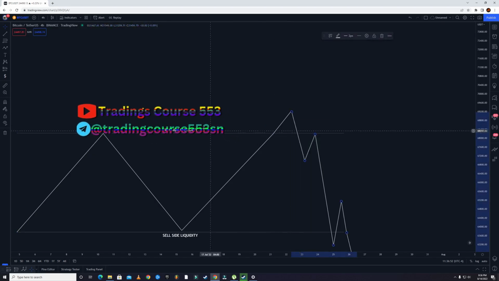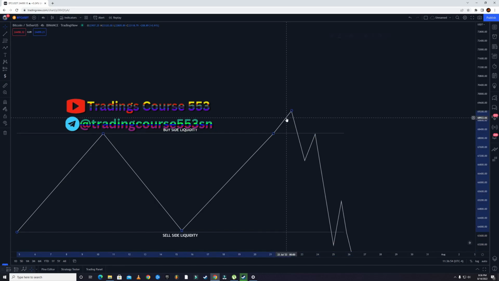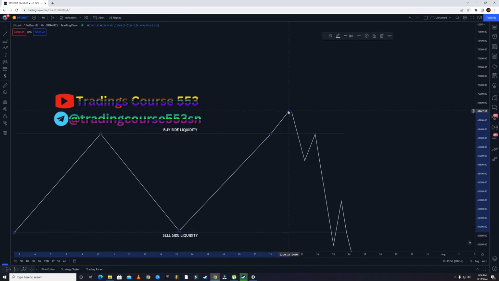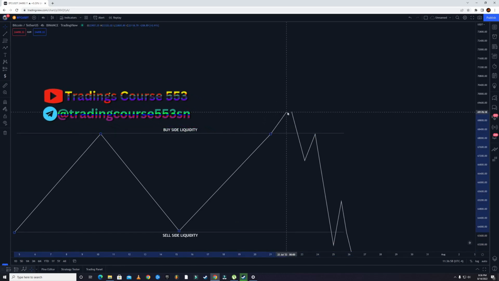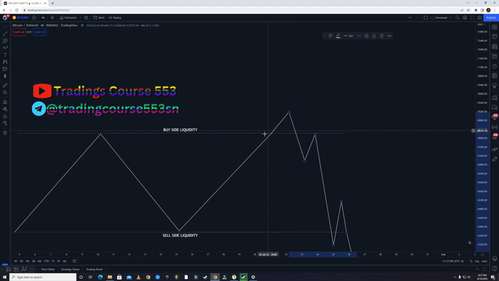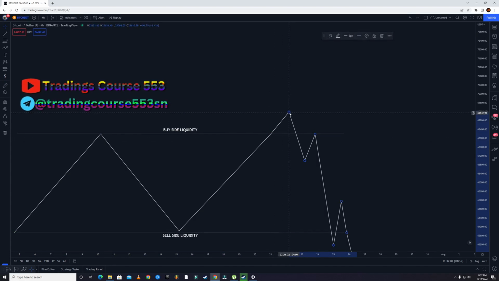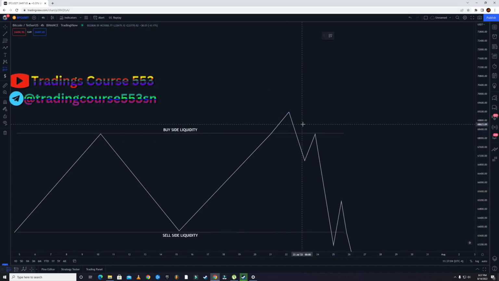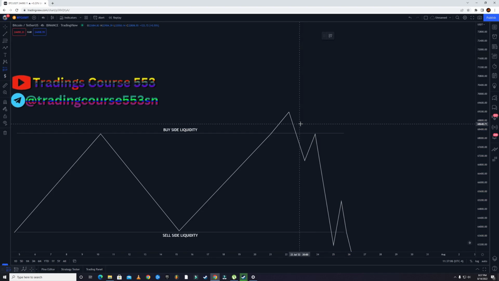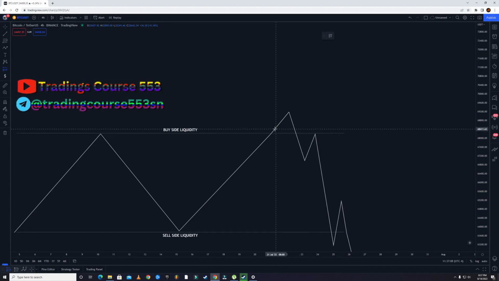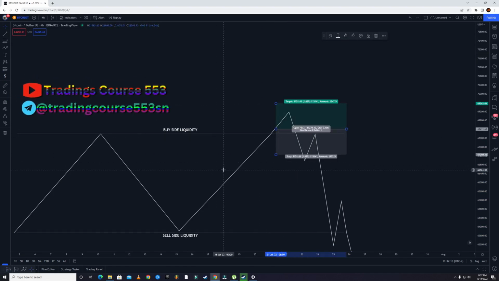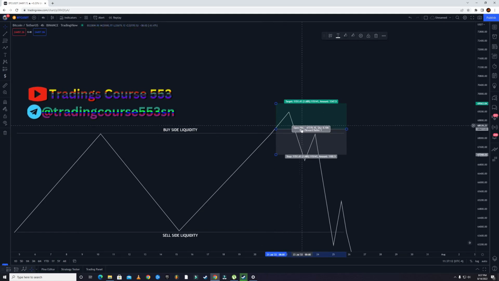But then why am I calling it a buy side liquidity? Let me explain it to you very, very easily. All right, so when price breaks out, the breakout traders, people who trade breakout patterns, are going to buy once the resistance level is broken, right?